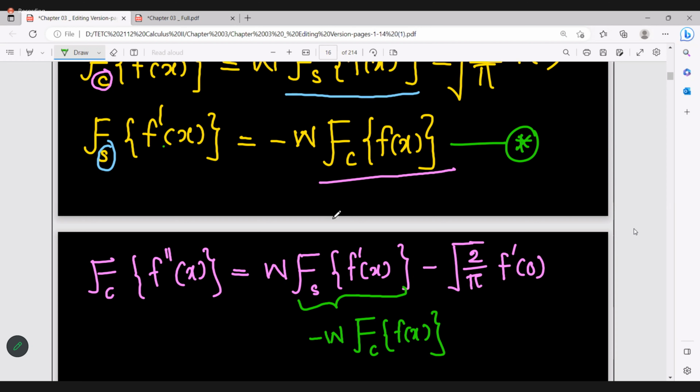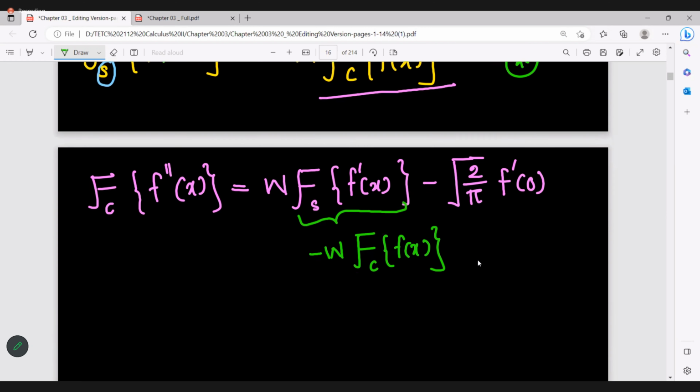Okay. Then we can write the Fourier cosine transform of f double dash x is equal to w times minus w and this thing.